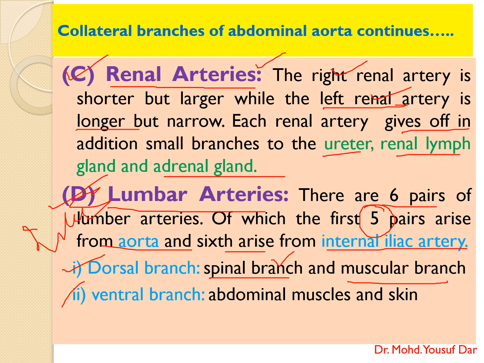The spinal branch enters the spinal canal and supplies the spinal cord, and finally it reinforces the inferior spinal artery or ventral spinal artery. The muscular branches supply the muscles of the loin region. The ventral branch supplies the abdominal muscles and skin.